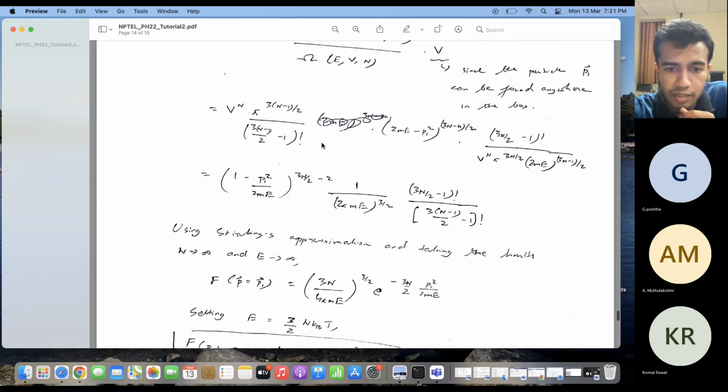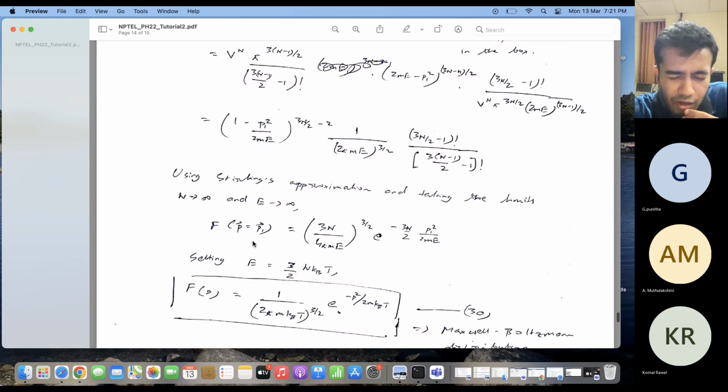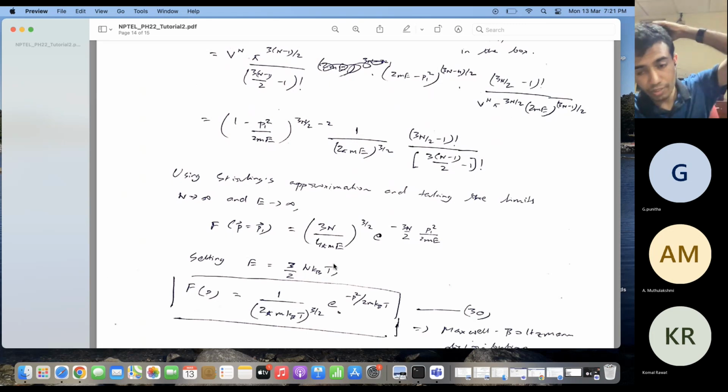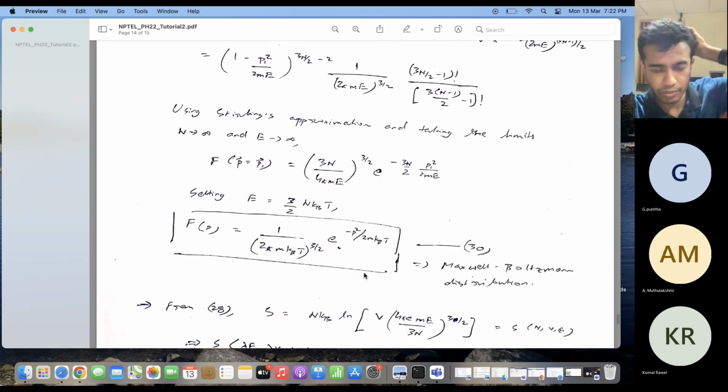And if I use the Stirling's approximation and take the thermodynamic limit of N going to infinity and E going to infinity, then I arrive at this expression of f. Okay. And if I set E equal to 3 by 2 N kB T, which is the internal energy of an ideal gas in 3 dimensions, then I arrive at this equation, which is the Maxwell-Boltzmann distribution which we had obtained earlier. So as you can see, even from this phase space approach, which seems more logical, I can get the Maxwell-Boltzmann distribution as well.